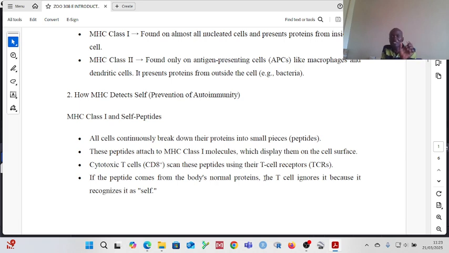So if the cytotoxic T cells see that the uniform matches their cells, they recognize it as belonging to them. Then now they will not mobilize an attack because it is belonging to self. It's part of the normal body cells. Okay?